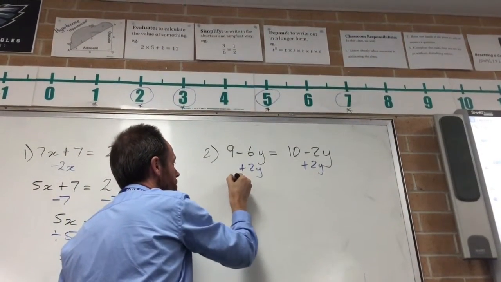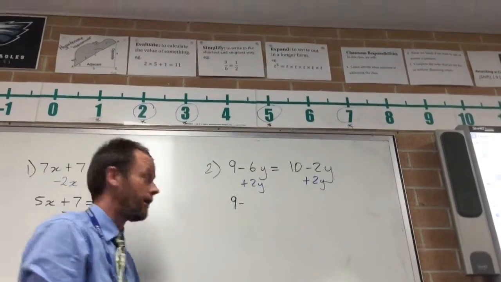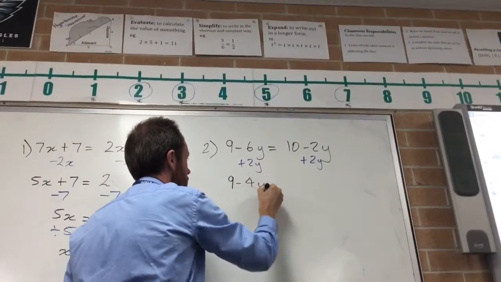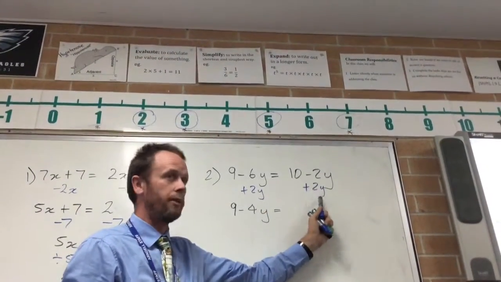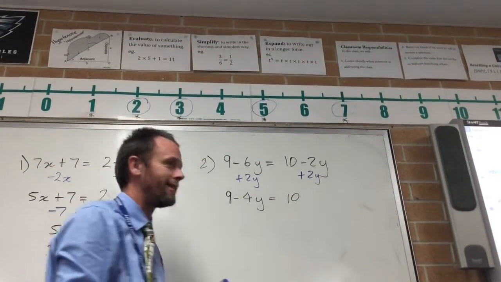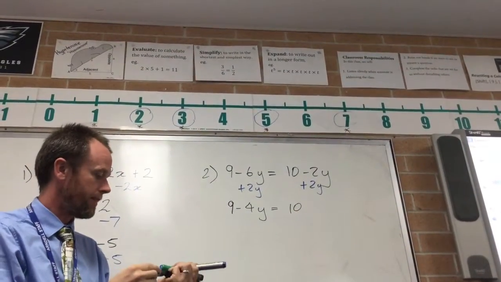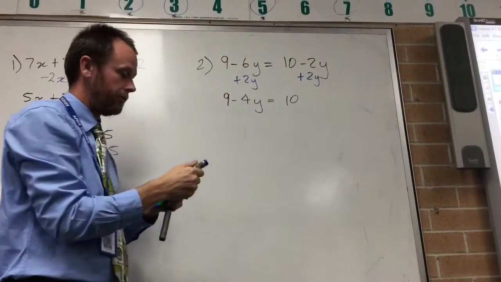It then becomes 9 minus 6y plus 2y. Hopefully we know that's 9 minus 4y. 10 minus 2y plus 2y, that cancels out. Our answer on the right-hand side is now 10. Again, I want to get this 4y by itself.